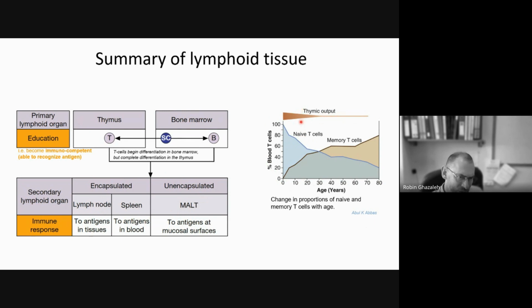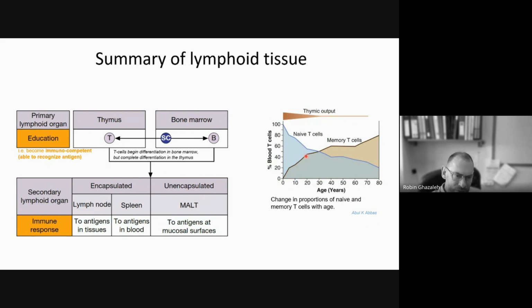Furthermore, the distinction between naive T cells and memory T cells also changes. When we look at those T cells that are released from the thymus, here we have a lot, but here we have a few. Now we're looking at percentages, the percentage of this thymic output. Early on in life, most of the immunocompetent T cells released are naive T cells. They've never yet seen antigen.